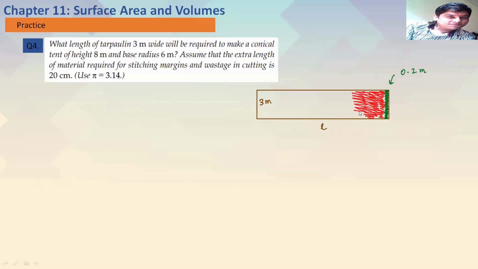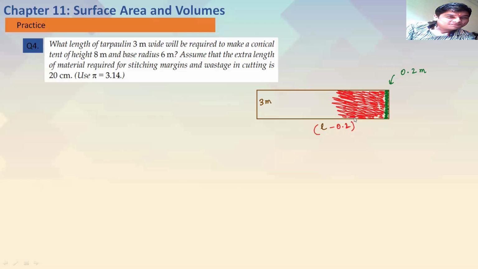Sir, the total length of the rectangle is L, right? Yes, sir. The length of the green part is 0.2, so the red part will be L minus 0.2 meters.